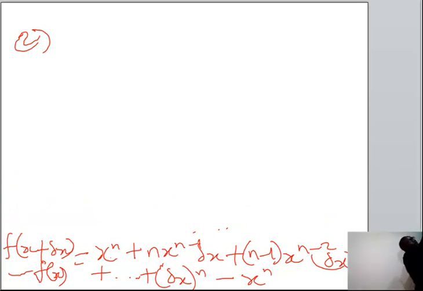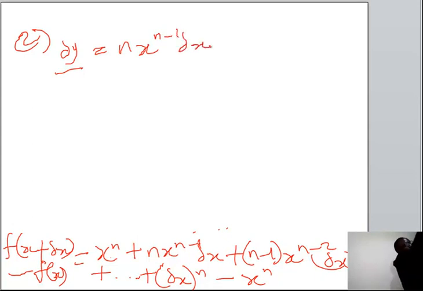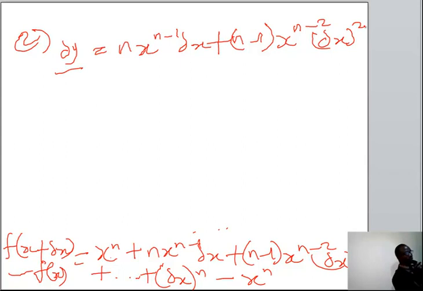Now what we have left is delta y equals n x raised to power n minus 1 dx plus n times n minus 1 x raised to power n minus 2 dx square, now plus dx to the power n.